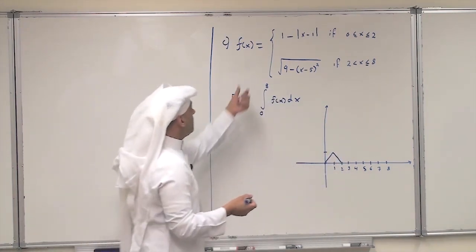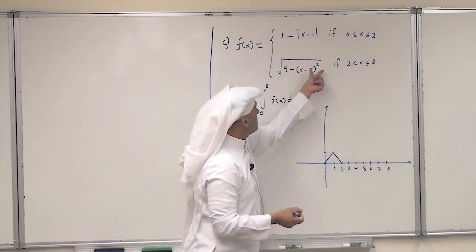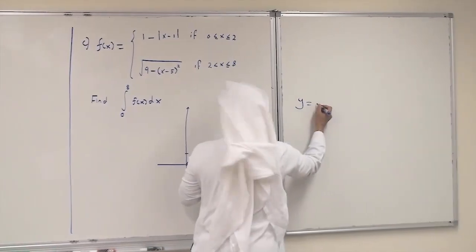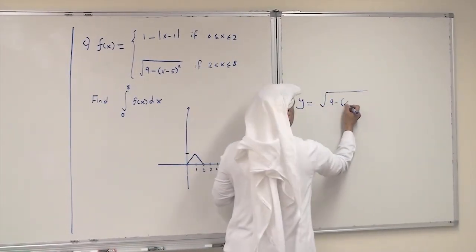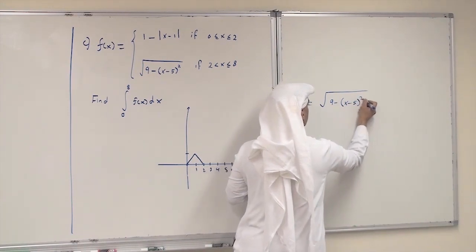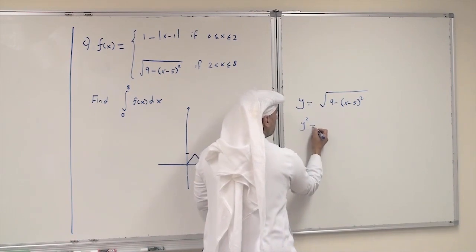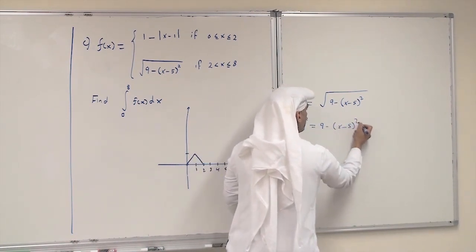As we did before, we need to graph now f of x equal to the radical of 9 minus (x minus 5) all squared. If we just let y equal to this, which is the square root of 9 minus (x minus 5) all squared, and we square both sides, then we have y squared equal to 9 minus (x minus 5) all squared.